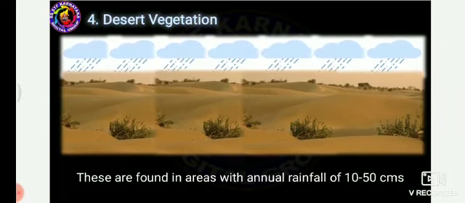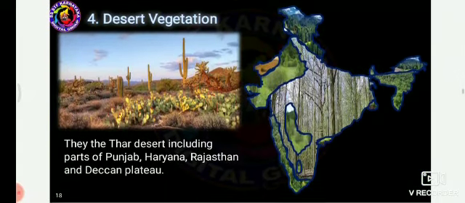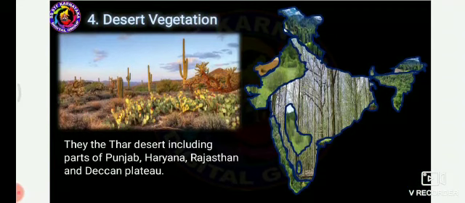Desert vegetation. Generally, when we think of desert vegetation, immediately come to our mind: high temperature, low rainfall, sand covered area. Humidity is very less, so wetness is also very less. Most of these regions receive 10 to 50 centimeters of rainfall annually. This desert vegetation is found in the Thar Desert in Rajasthan, Punjab, Haryana, and the Deccan Plateau.